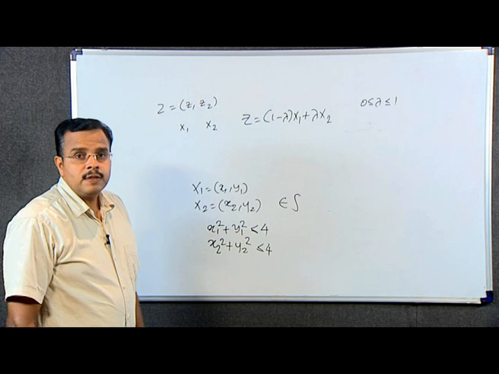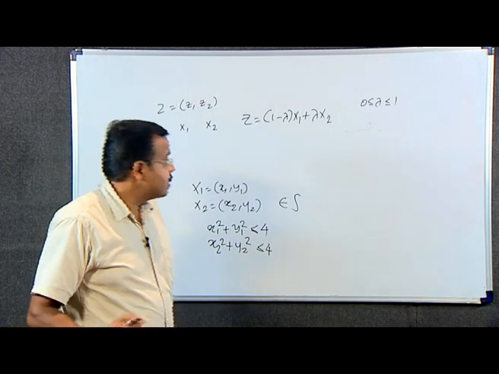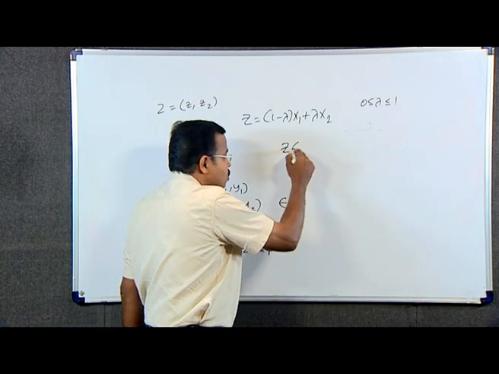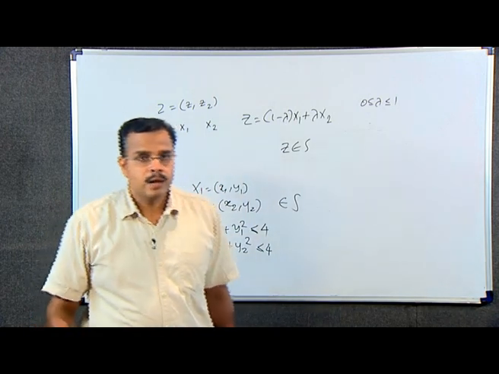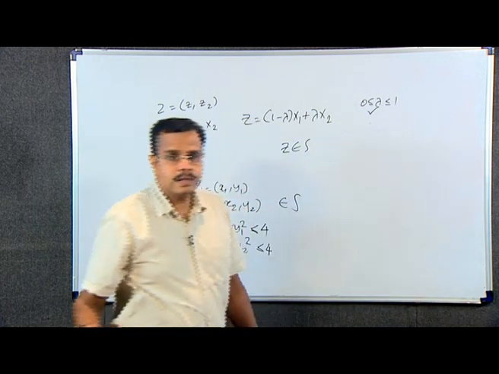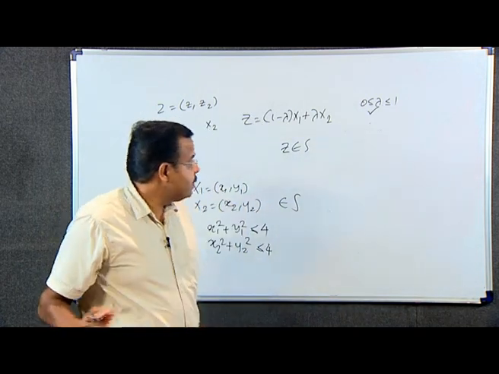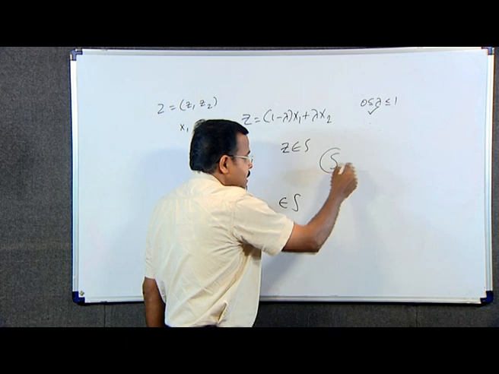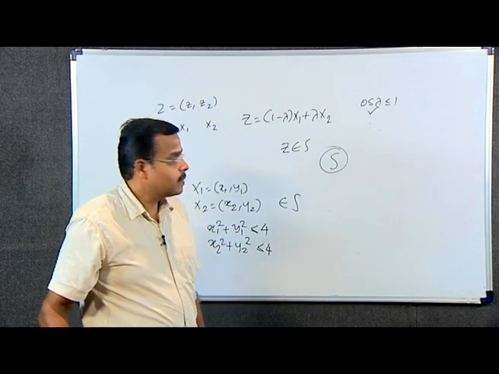By the definition of a convex set, if z also belongs to S for all lambda such that 0 is less than or equal to lambda less than or equal to 1, then we can consider the set S as a convex set.